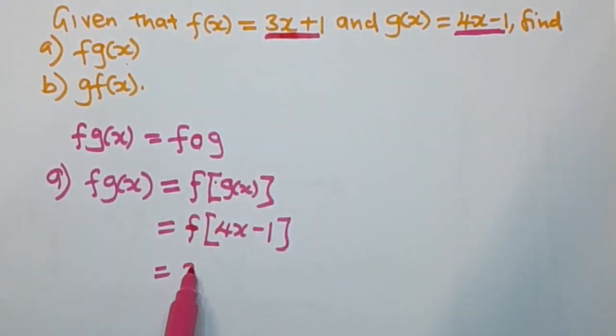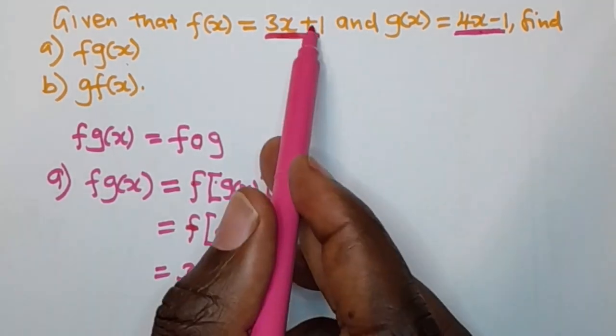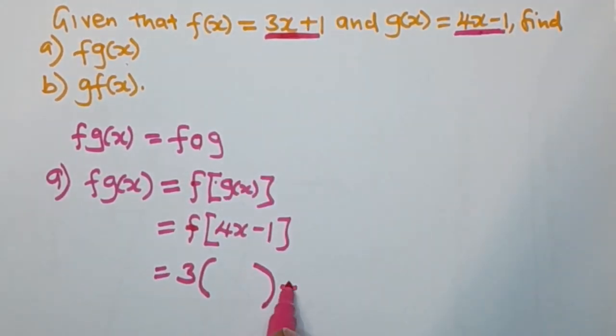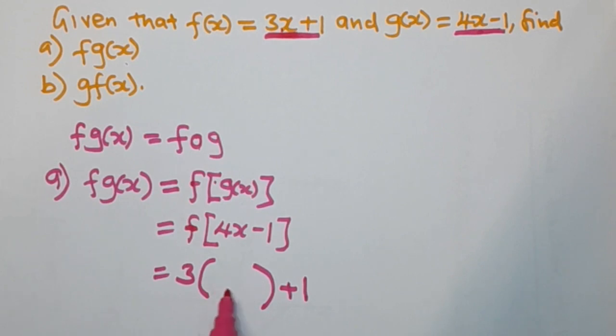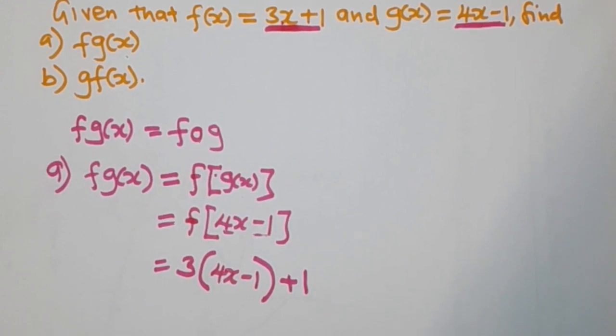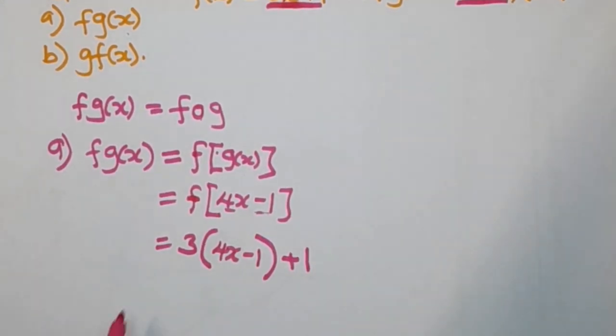So we're going to say 3, open brackets, then there's a plus 1. Here there's x, but now, where there's x, we're going to replace g of x. So we're going to say 4x minus 1. Then at this stage, we are going to apply the distributive law.